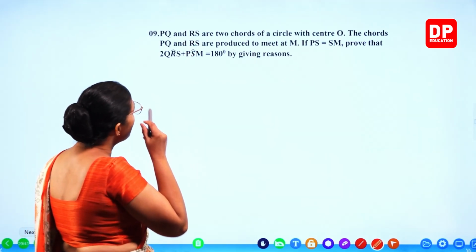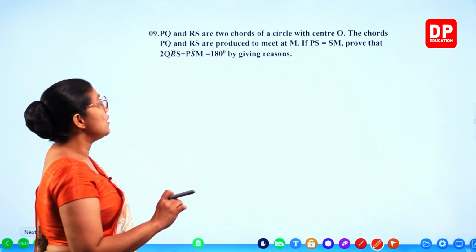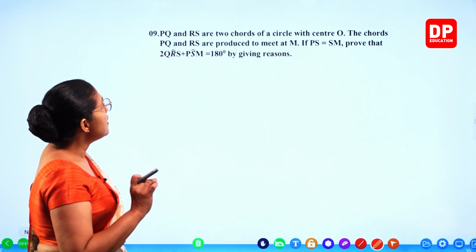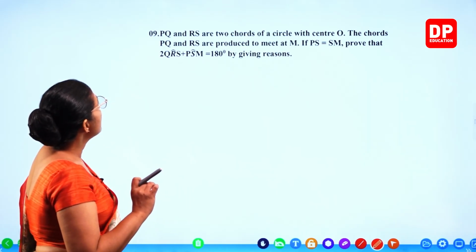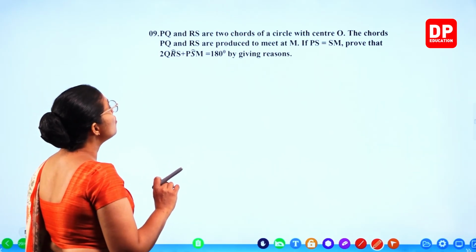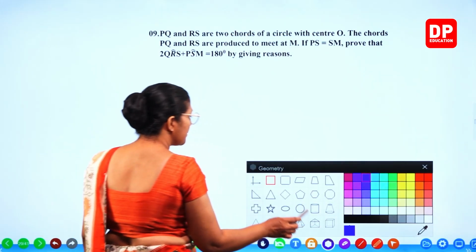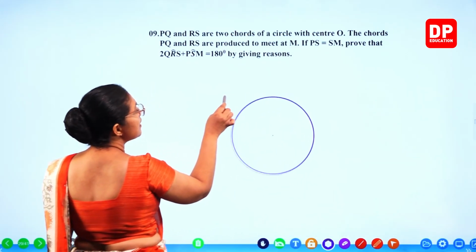Let's take question number 9. It's a proof question. So read it carefully, sketch the diagram and try to find out the required one. It says PQ and RS are 2 chords of a circle. So we have to draw a circle first. So let's take a circle.